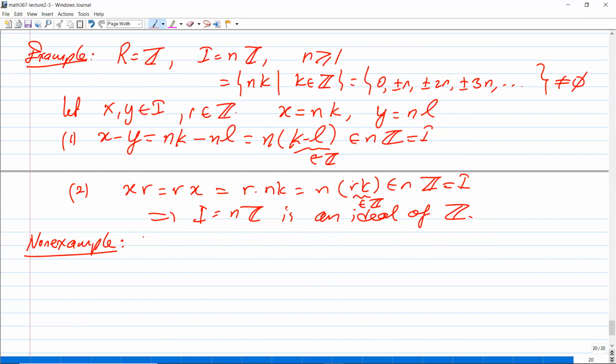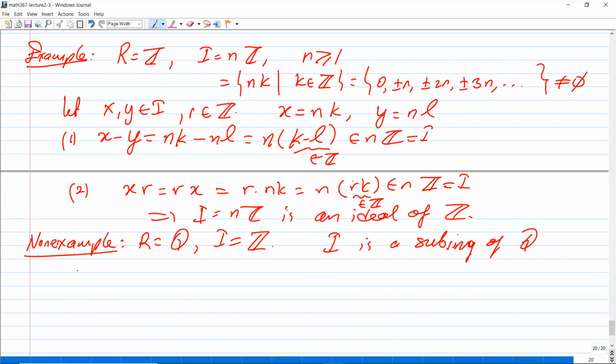So let's take R to be the real numbers or rational numbers, and I to be the integers, and I is a subring, of course, of Q. But let's see whether it is an ideal.